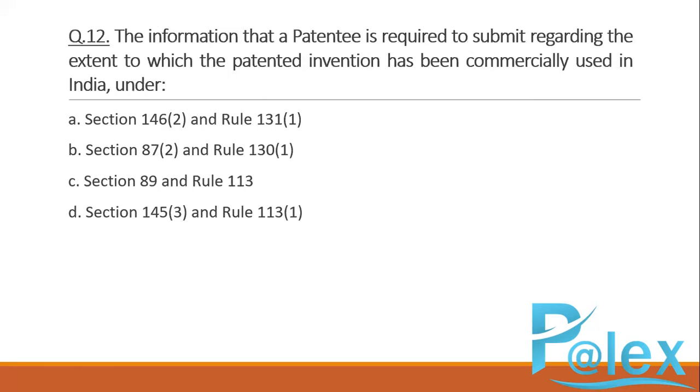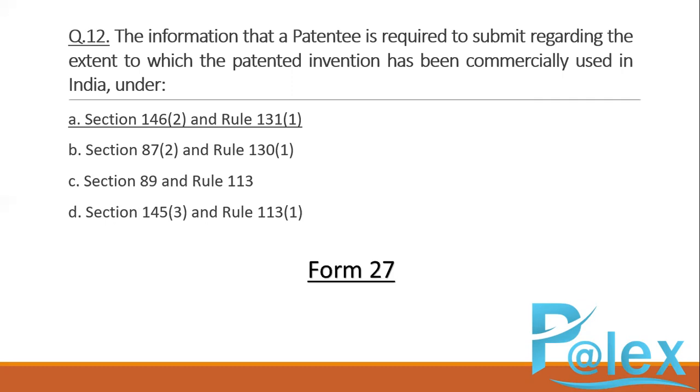Okay. Question 12. The information that a patentee is required to submit regarding the extent to which the patented invention has been commercially used in India is under section 146(2), rule 131(1), and this you have to submit as a part of form 27.